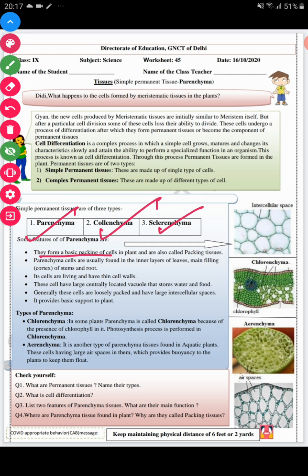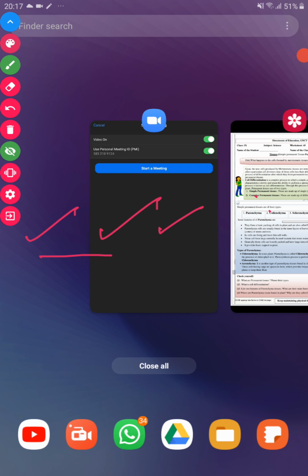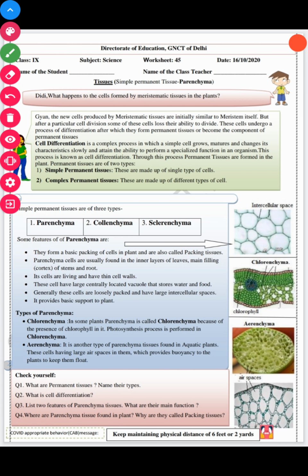Okay. They form a basic packing of the cells in the plant and are called packing tissues. Okay, these permanent tissues are the basic packing of the cells in the plant, so they are called packing tissue.